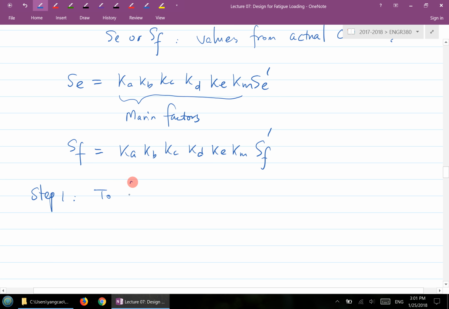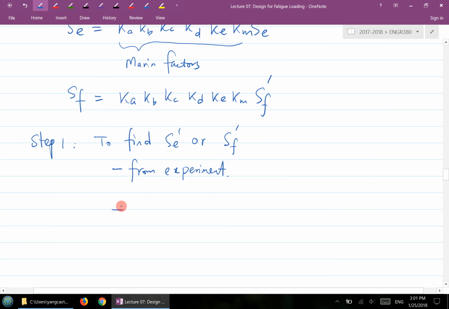The first step is to find Se prime or Sf prime. One way is to obtain it from experiment: you do an experiment and you can get Se prime and Sf prime. The second approach is, you may not have the luxury to test every type of material with different strengths.